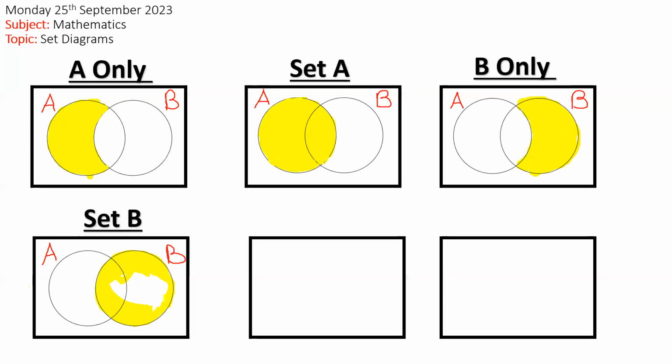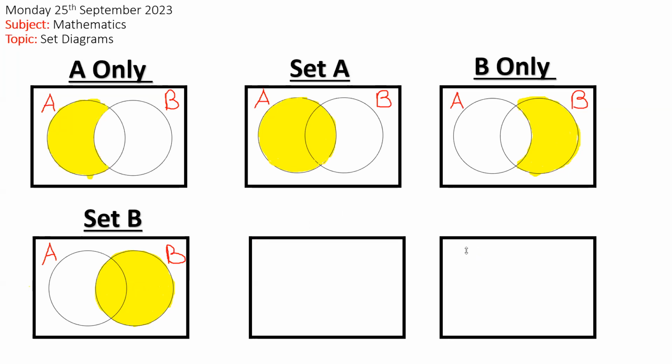Very good. Someone else wanted to add to that? B only is just B by itself, but set B is including the intersection. That's correct. Very good. Thank you.